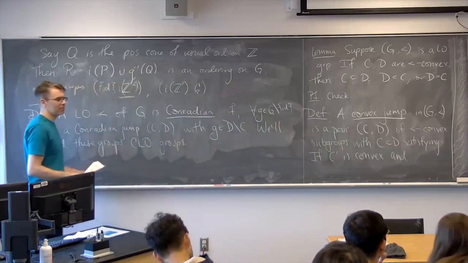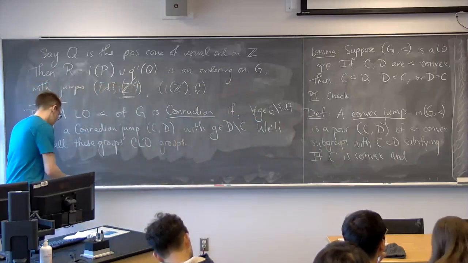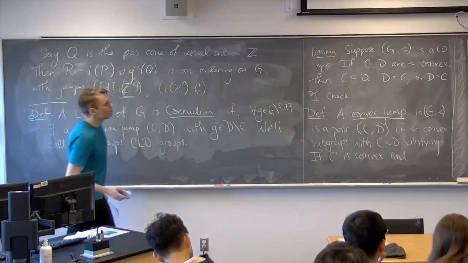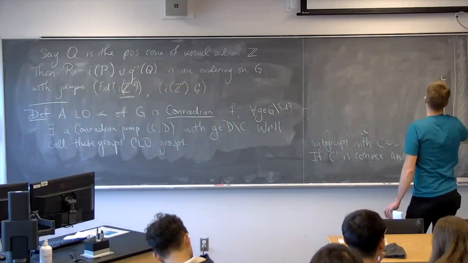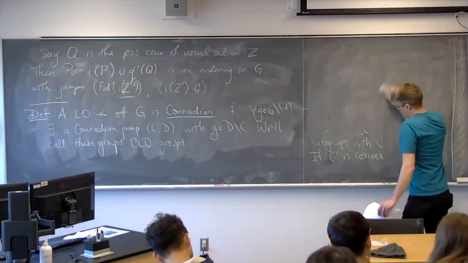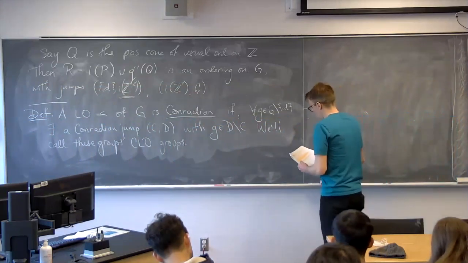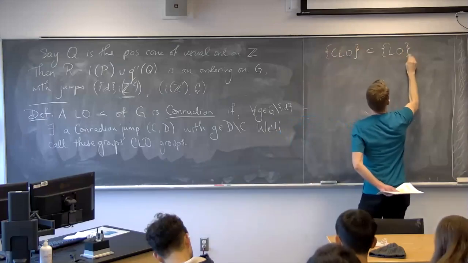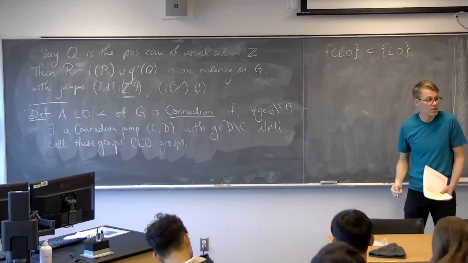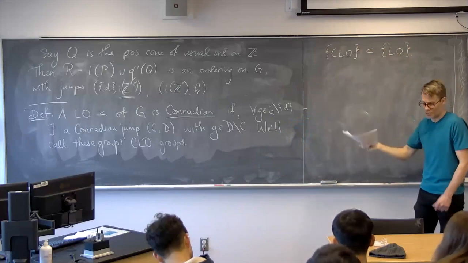Okay, so now we need to check where we've arrived, which is that our goal is to make something in between left orderable and bi-orderable. And okay, we've at least succeeded in doing this, because a Conradian left order is just a left order with more properties.